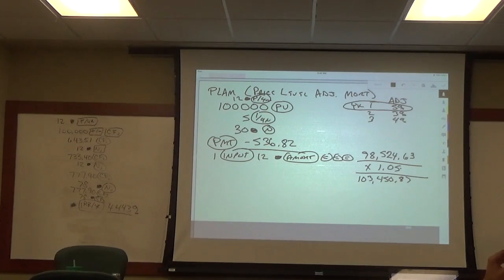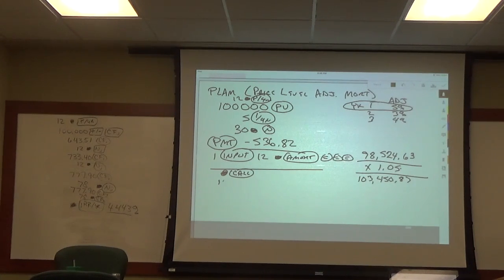Okay. Now, what's going to happen is, just like with the adjustable rate mortgage, with the price level adjusted mortgage, if we're going to go to the following year, we're going to have to clear everything out.